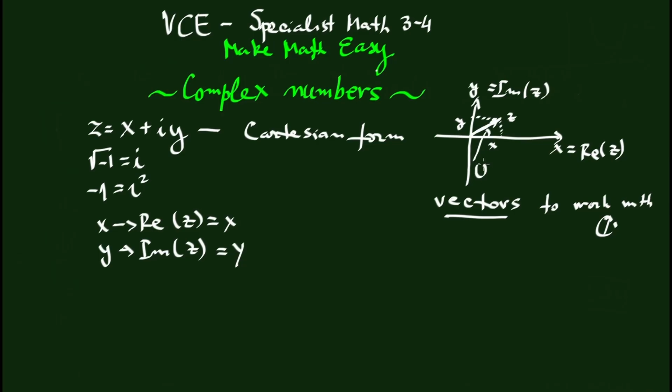This angle here is theta. So in a vector form, r is square root of a squared plus b squared. That's the length of the vector.